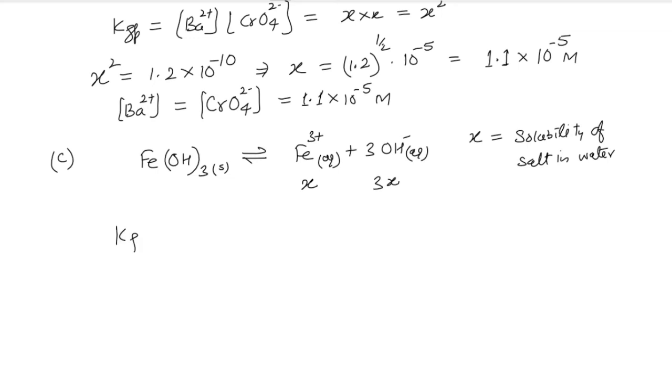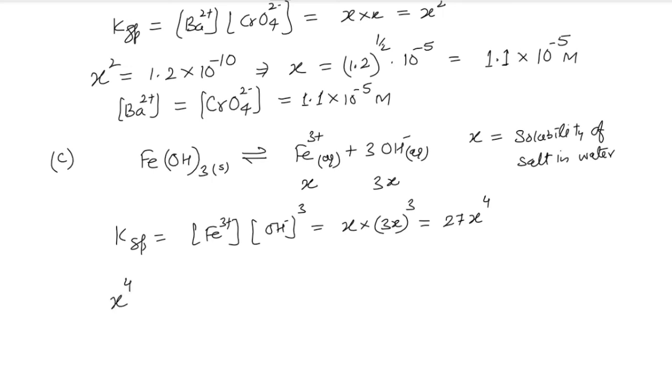So what is Ksp now? Again, Fe3 plus ion concentration raised to power 1, OH negative ion concentration raised to power 3. So X into 3X raised to power 3, that is 27 X raised to power 4. So X raised to power 4 is Ksp over 27.